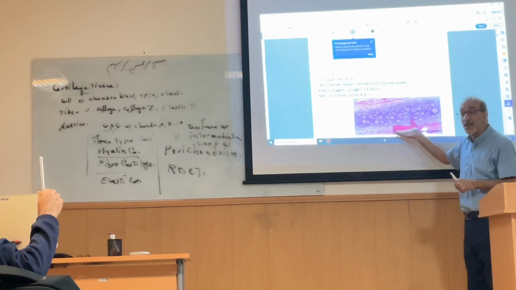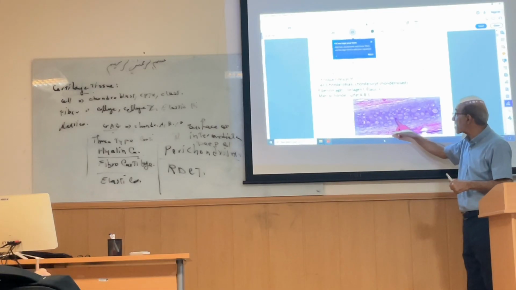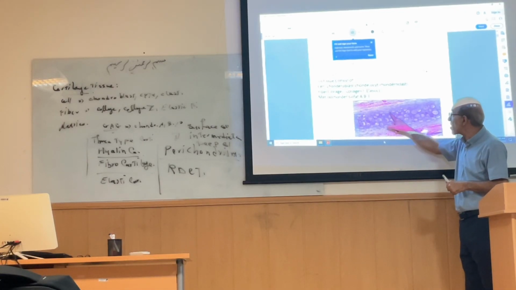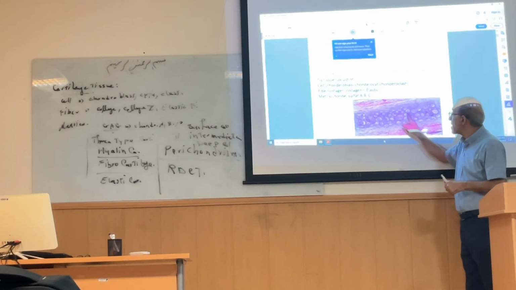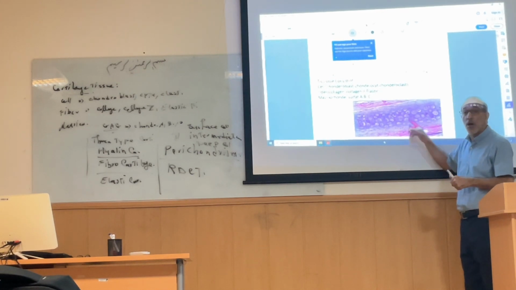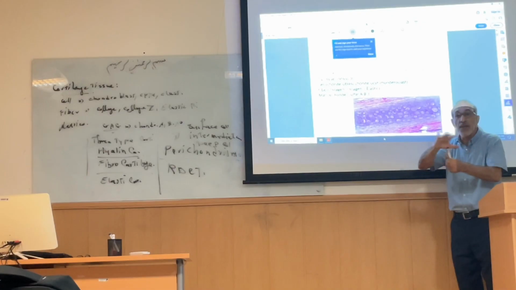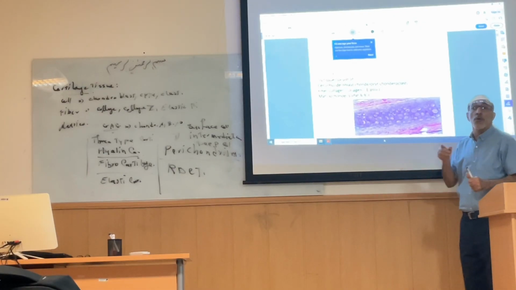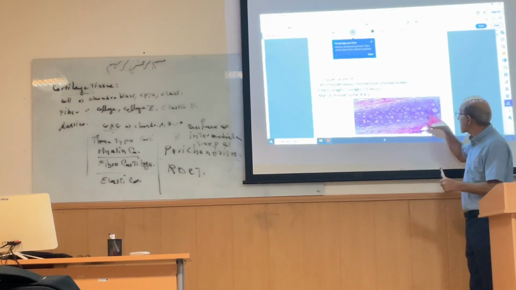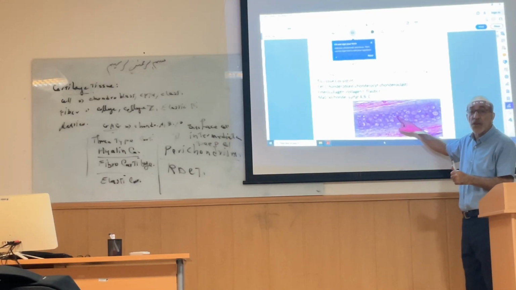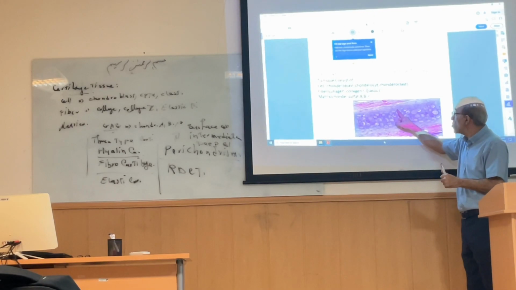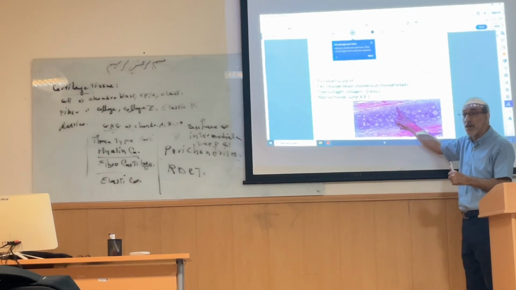This is a cartilage. This is the matrix of cartilage. And this is lacuna. You can see the nucleus in the lacuna. Lacuna is a space, very clear. You can see a nucleus in the space. What is the name of this nucleus? If you see this nucleus below the perichondrium, this is chondroblast.